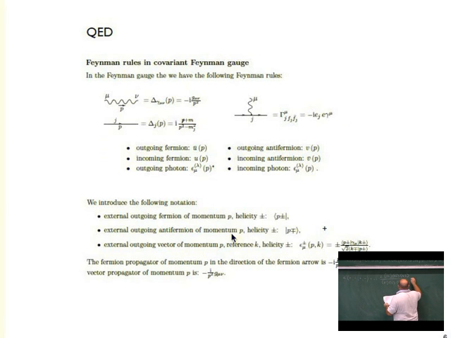Now I can cancel ⟨1 2⟩[2 1] and a minus sign, and these are exactly the same, [2 4] and [4 2]. Plugging back another minus sign, my result is 2i ⟨2 4⟩² over ⟨1 2⟩⟨3 4⟩.